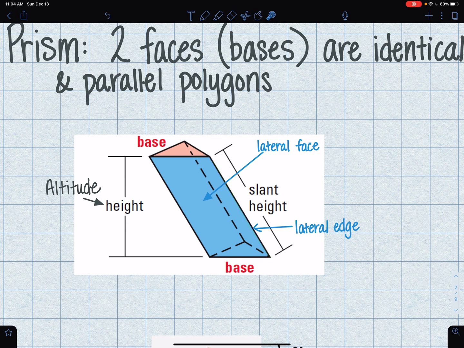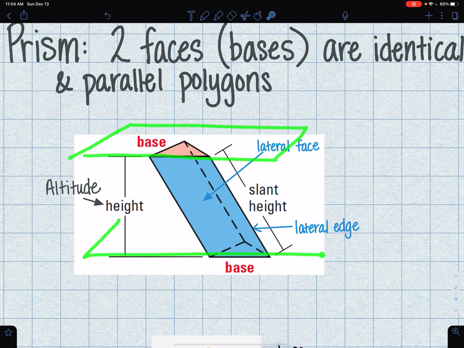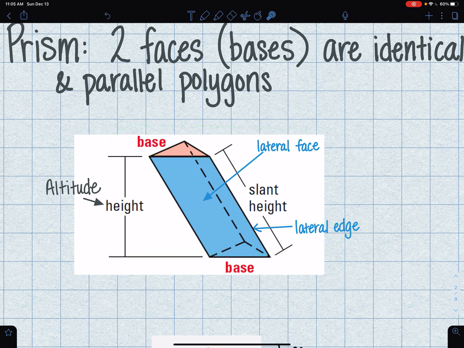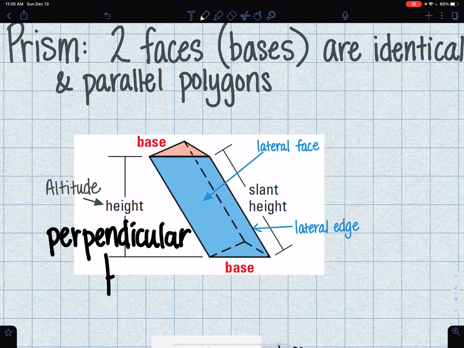The way you get the height is if you perfectly balance that piece of paper on top of the prism and you perfectly balance a piece of paper that the prism is standing on, the height is that difference between those pieces of paper right there. Okay? So the height is always going to be perpendicular. So the height is at a right angle, even if the prism is oblique.